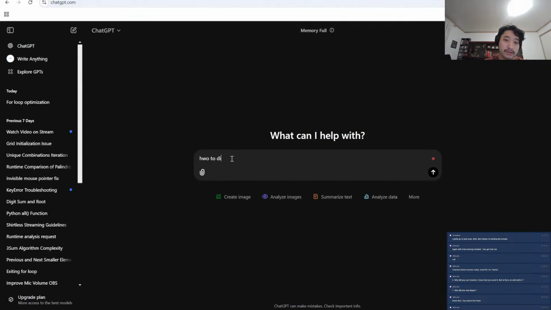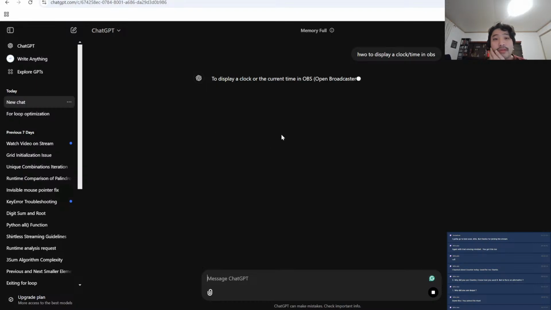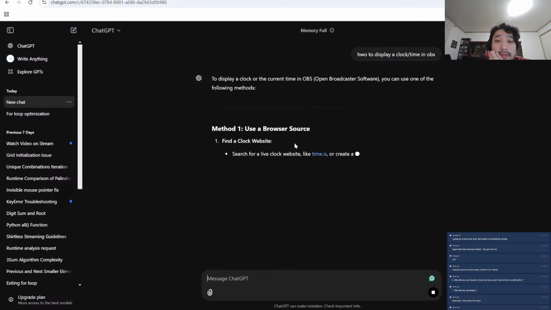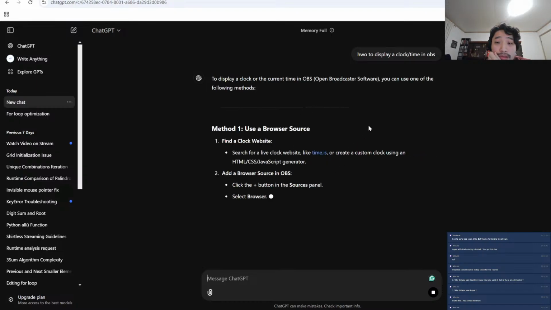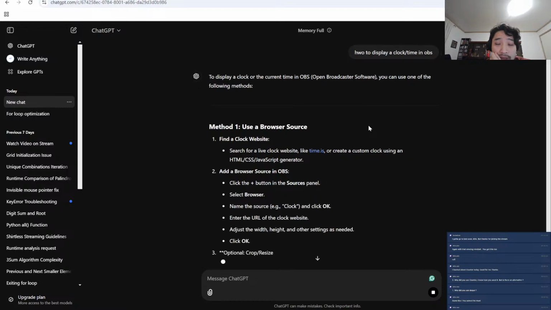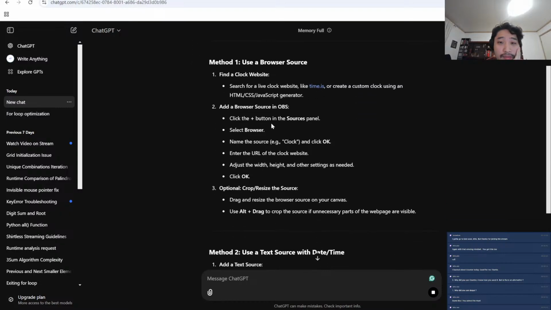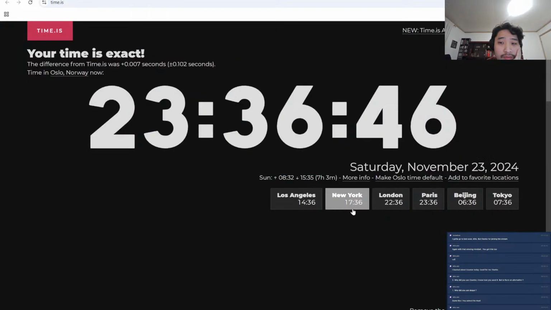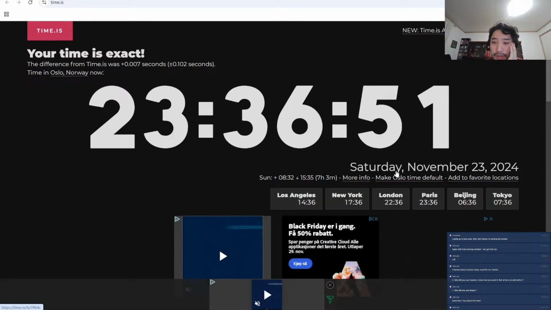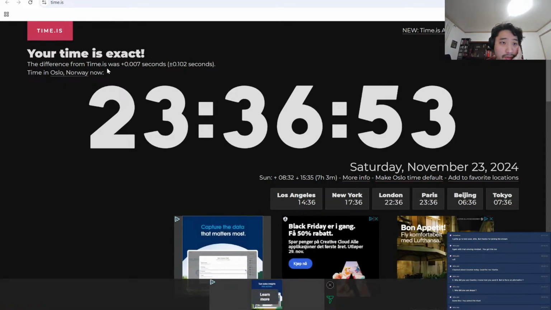How to display a clock, time in OBS. I could create a clock, to be fair, just for fun, but I think I would not. I don't want to display my information too much.